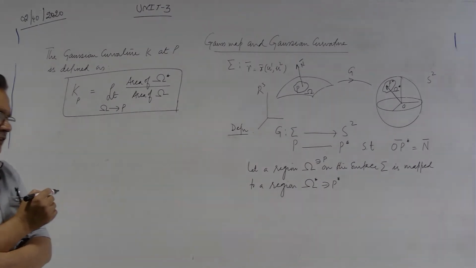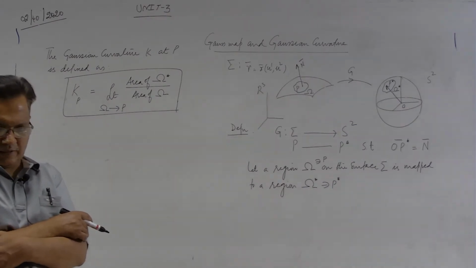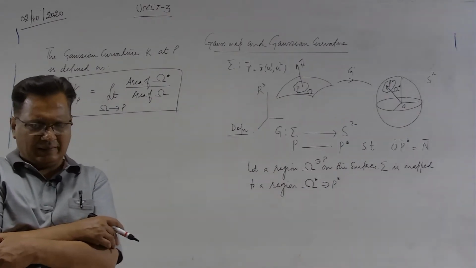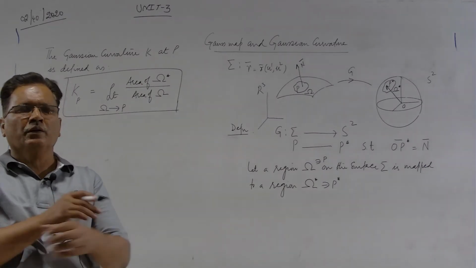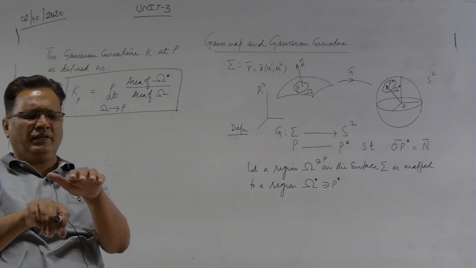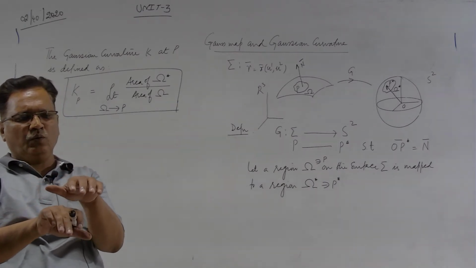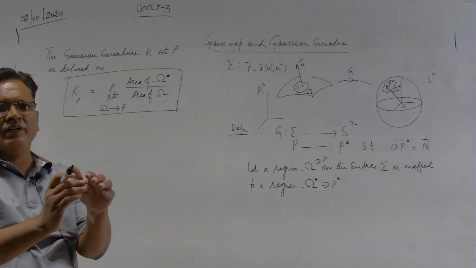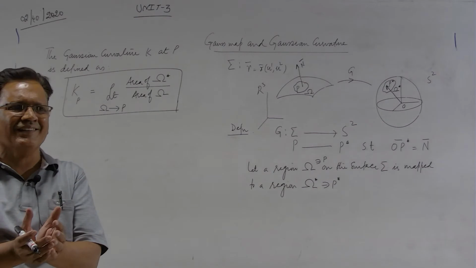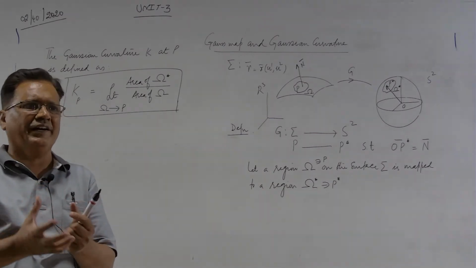Yes, it tells you the curvedness. What you are actually doing here is comparing your surface with a sphere. You are sitting with a surface and a sphere, and you are seeing how the deviation of the surface vis-a-vis a sphere is changing, because a sphere is a very ideal kind of surface.